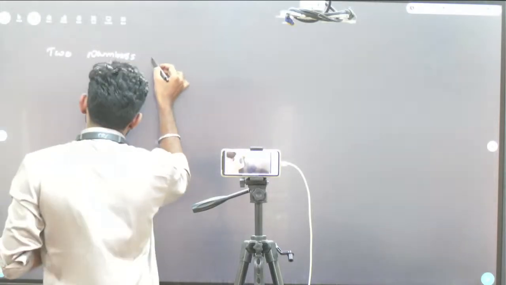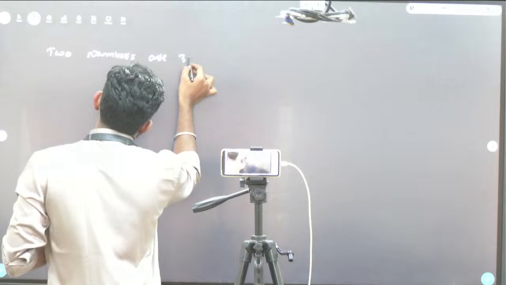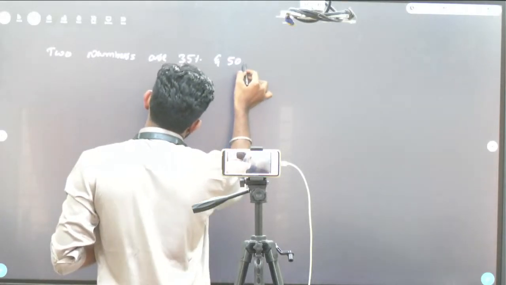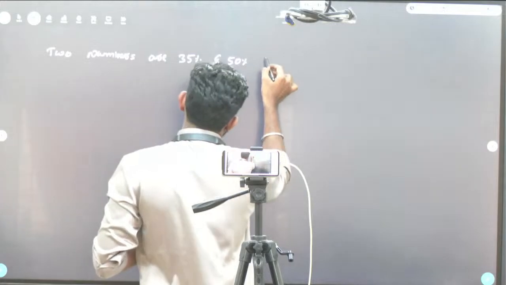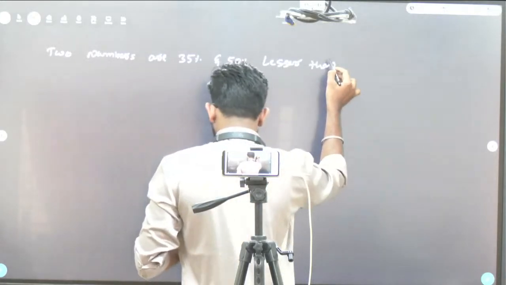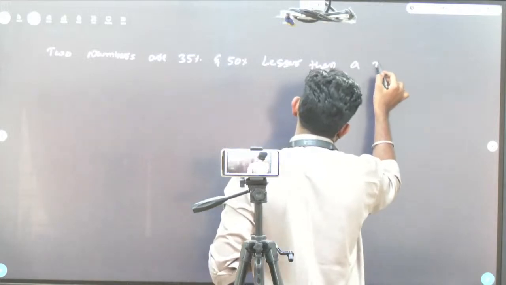Two numbers are 35% and 50% lesser than a third number.